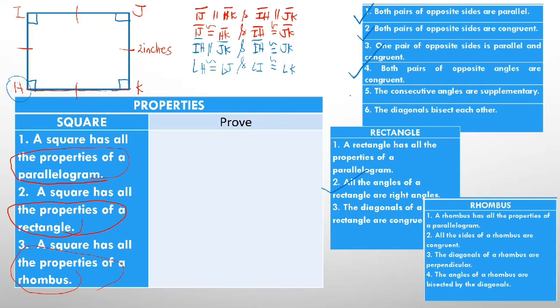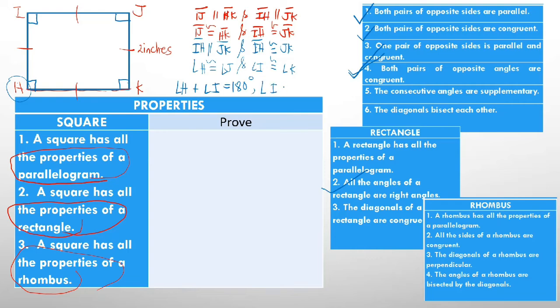Number 5 property is that consecutive angles are supplementary. Angle H plus angle I is equal to 180 degrees because they are both 90 degrees. Angle I plus angle J is also equal to 180 degrees.